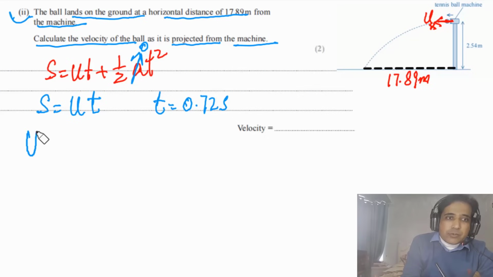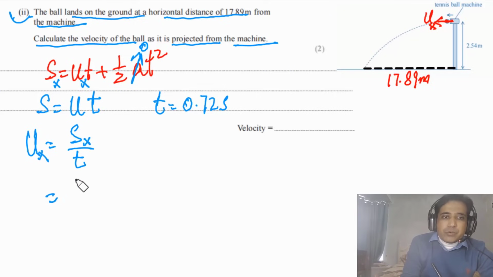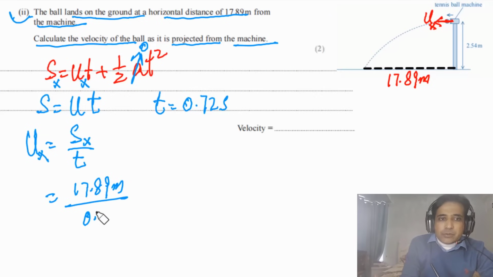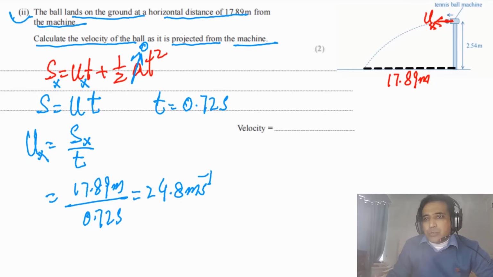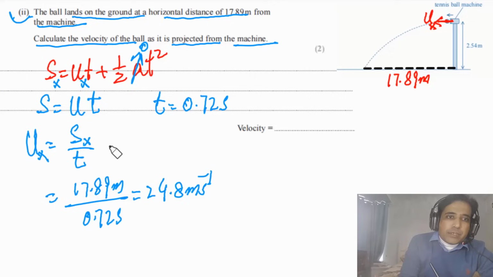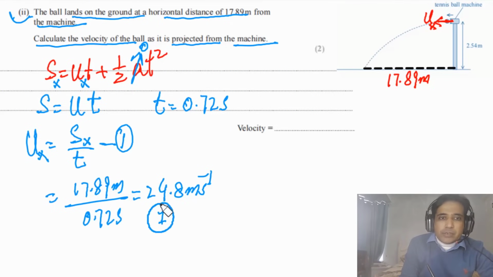We are talking about horizontal motion, so ux will be equal to sx divided by time taken. sx is 17.89 meters, divided by 0.72 seconds. So the answer will be 24.8 meters per second. This is how you need to answer this question, and it has 2 marks. The first mark you will get if you have written this formula, and the second mark if you have got the right answer.